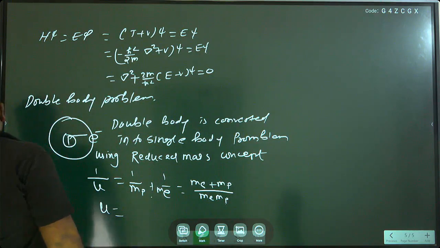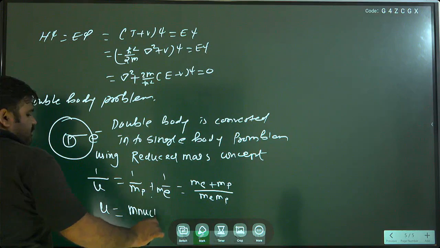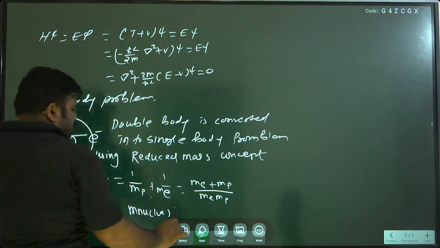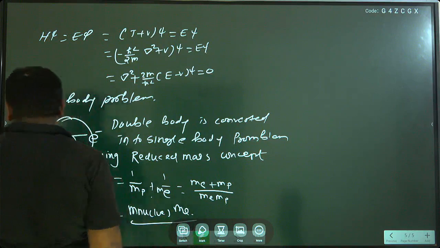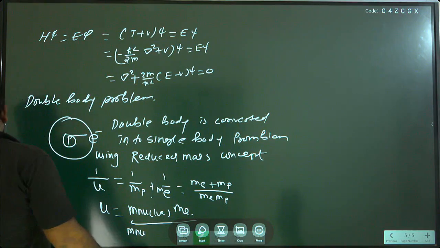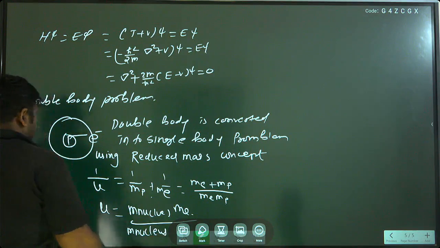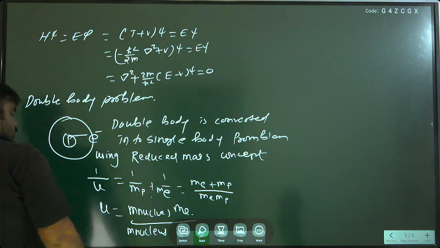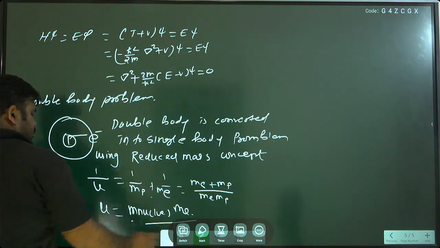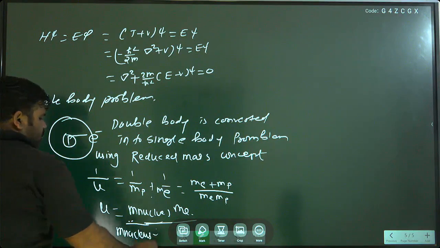Mu is equal to mass of proton, means mass of nucleus, mass of nucleus into mass of electron divided by mass of nucleus plus mass of electron.